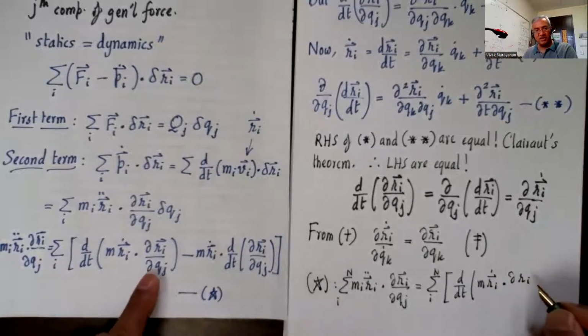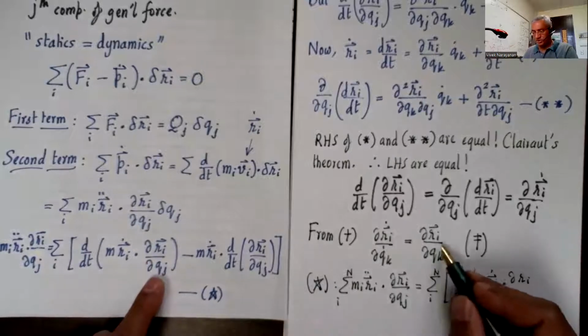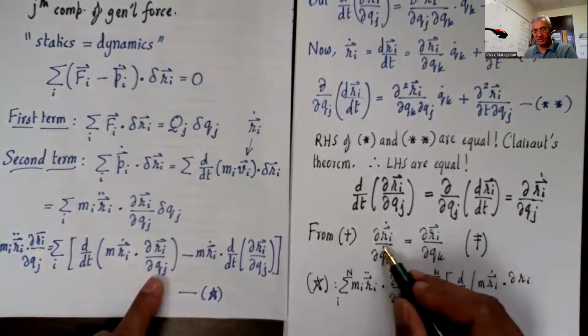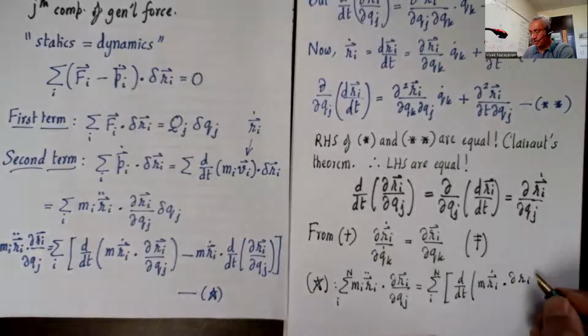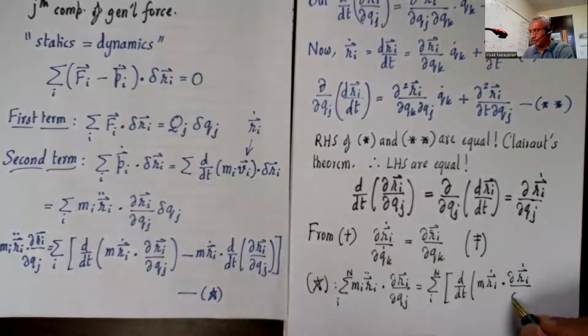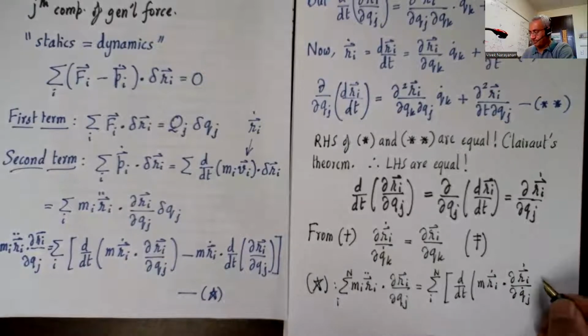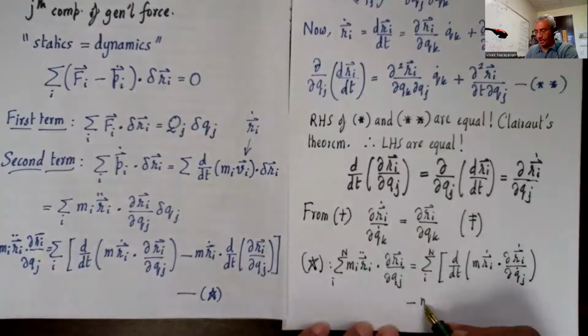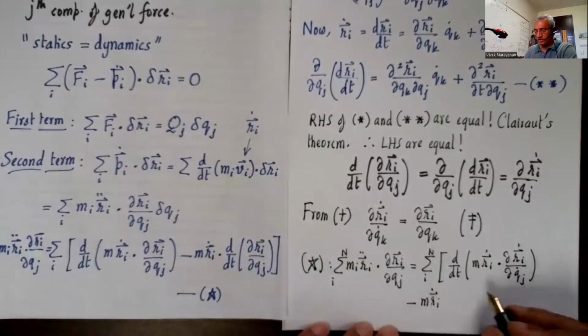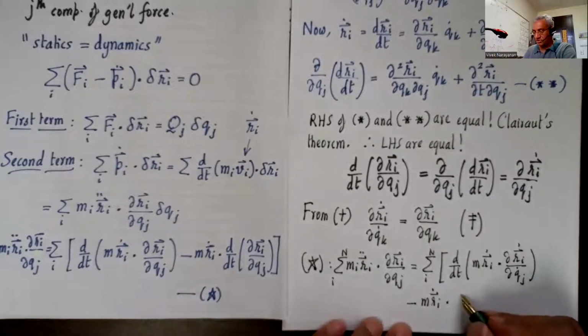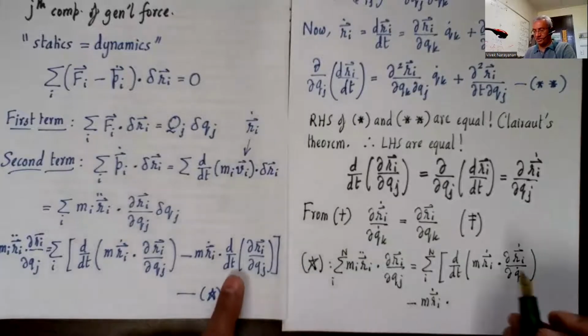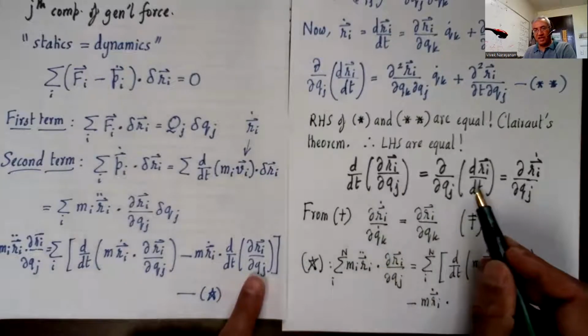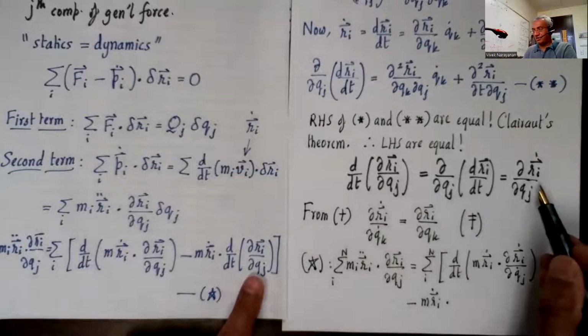Now here, ∂r_i/∂q_j, I'm going to write it like that. So that's going to be ∂r_i dot over ∂q_j dot. Okay, the second term: minus m_i r_i dot, dotted with, now d/dt can be written as that, and that can be written as that.